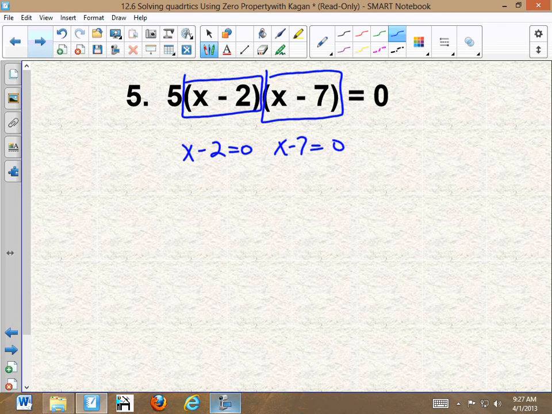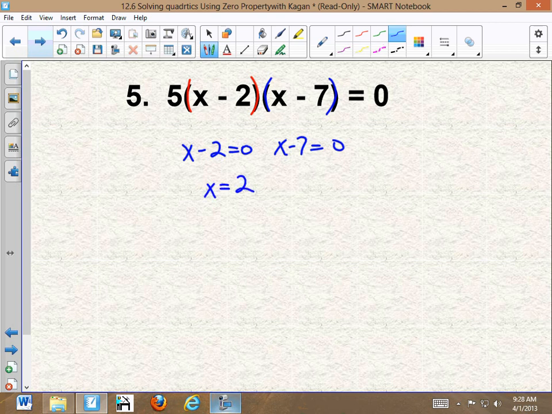It doesn't have an x. If it doesn't have an x with it, you don't solve it, okay? So I don't have to set my 5 equal to 0. The only thing I set equal to 0 are what's inside my parentheses, because that has an x with it.